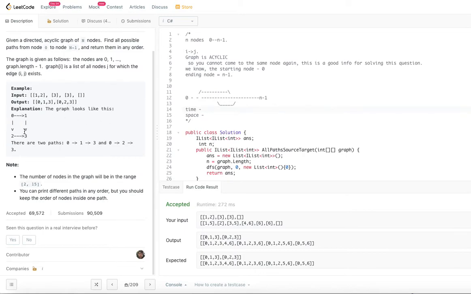So if we keep adding those paths, each node could be connected to n minus 1 other nodes in the worst case. It could be a complete web of connected nodes, so there are n minus 1 outgoing paths from each node. That is possible in the worst case.